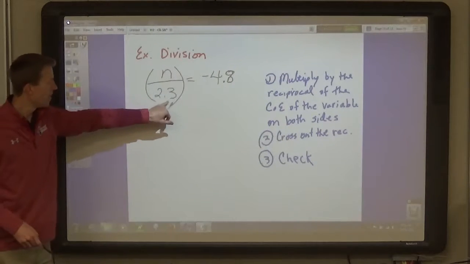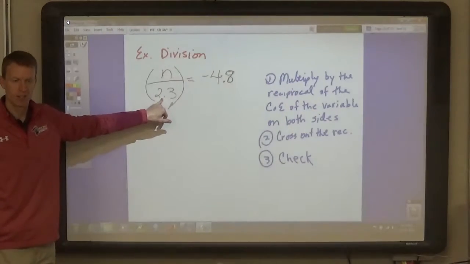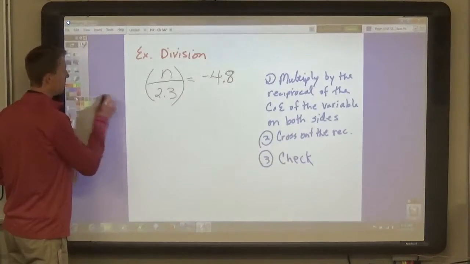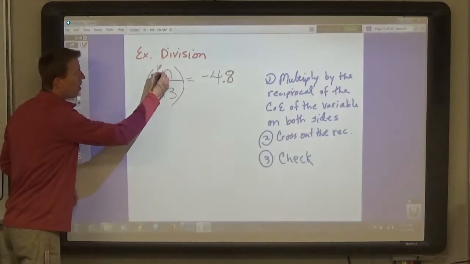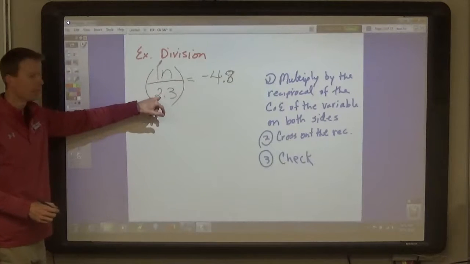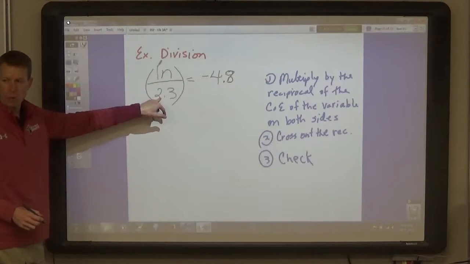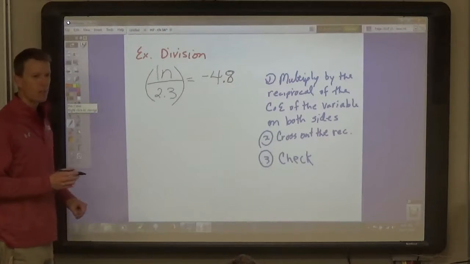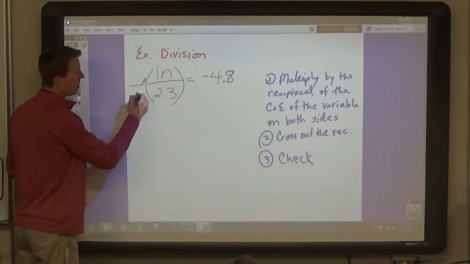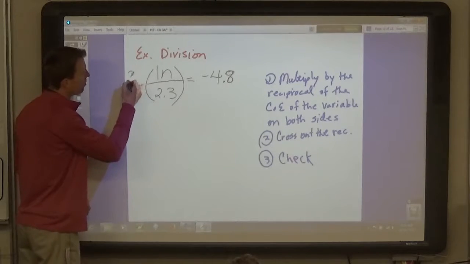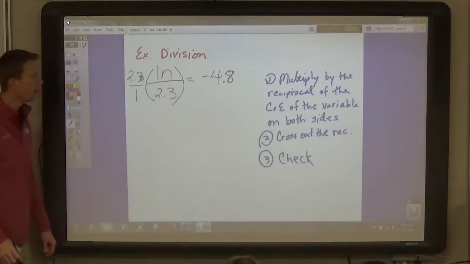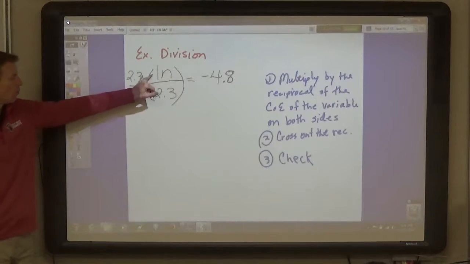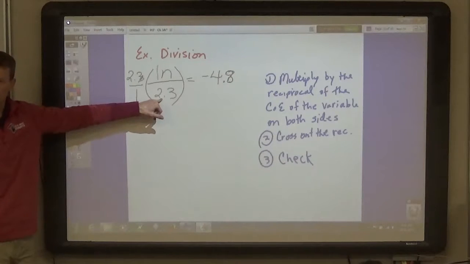Some of you have memorized this: multiply by the denominator. Or, think of it this way. If this is a 1 right here, this is 1n divided by 2.3, and that means the reciprocal of that is 1 on the bottom and 2.3 on the top. 2.3 over 1 and 1 over 2.3 are reciprocals.